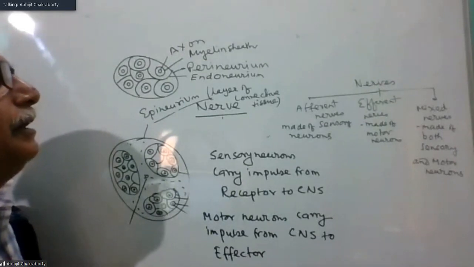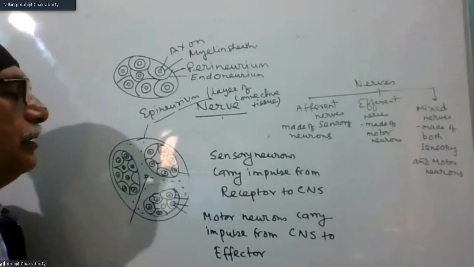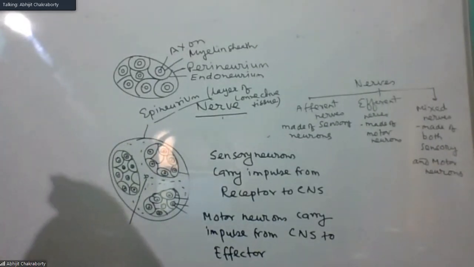There are three types: afferent, efferent, and mixed nerves. Sensory neurons carry impulse from receptor to CNS. Motor neurons carry impulse from CNS to the effector. Now, you can even classify neurons based on function. Then also sensory and motor neurons are there.